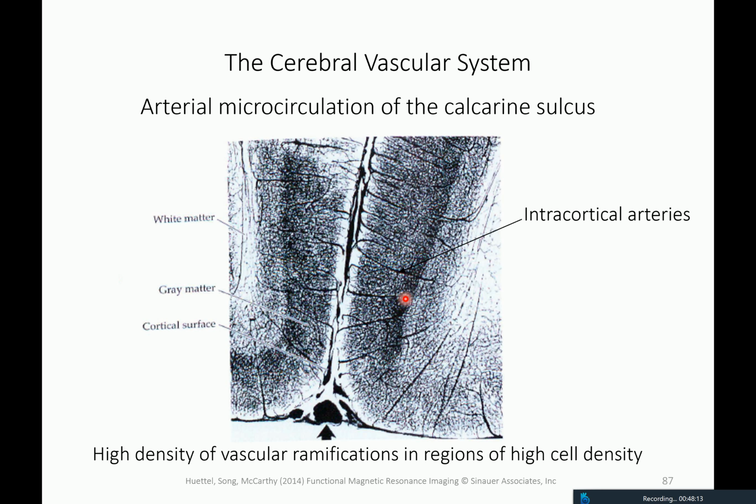What this should also stress, I think that's what's discussed in the video, is that especially where you have high density of cell bodies, in layer 4 of the visual system, you have a lot of vascular ramifications. So there's a covariation: there are many cells and also many very small blood vessels, capillaries.